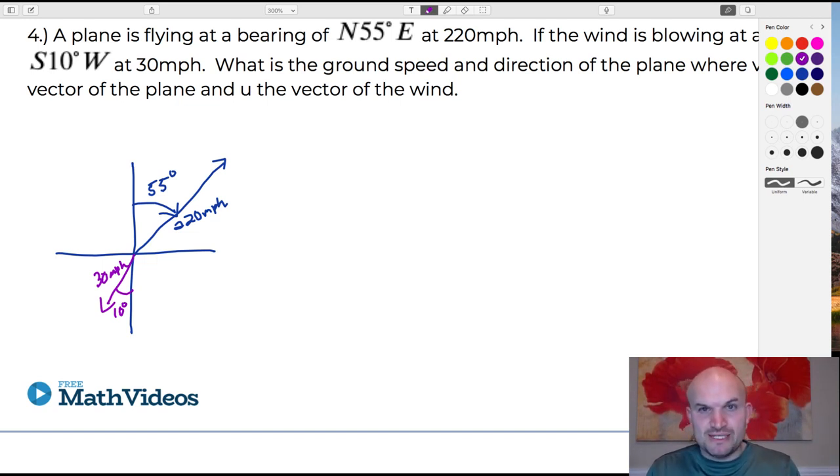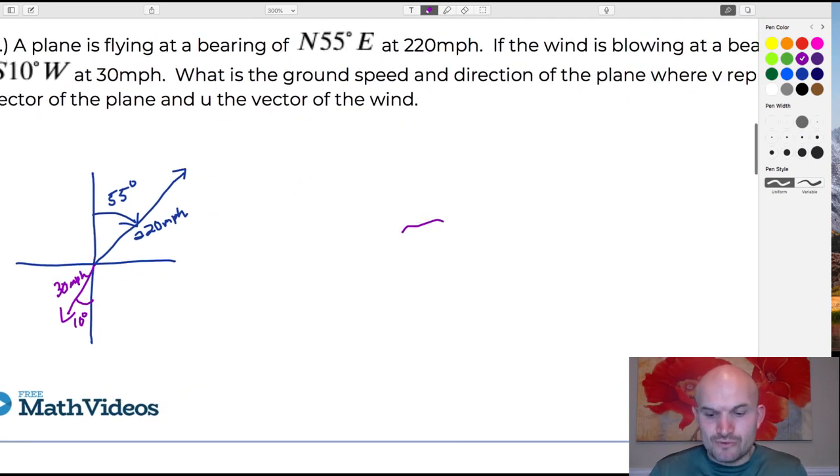So what we need to do is understand everything that's happening to this airplane, at least based on this word problem. And the question is asking: what is the ground speed? That basically means, if you were standing on the earth looking up at the plane, what would be the speed of the plane with the wind acting on it, and with the plane not counteracting the movement from the wind.